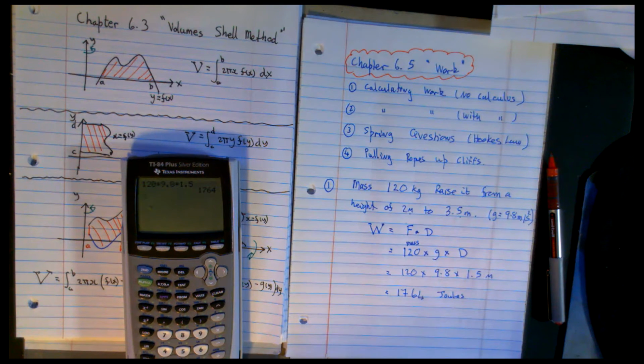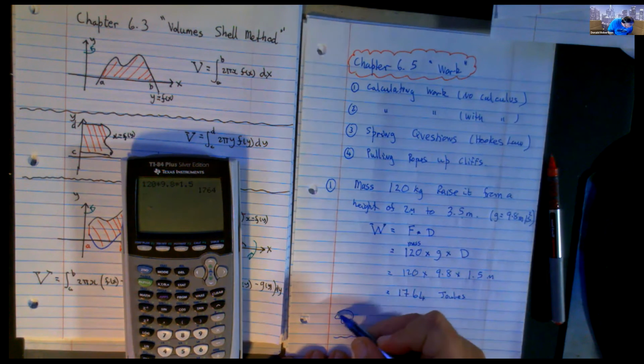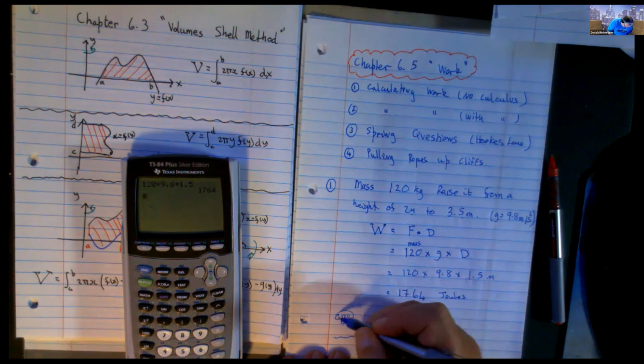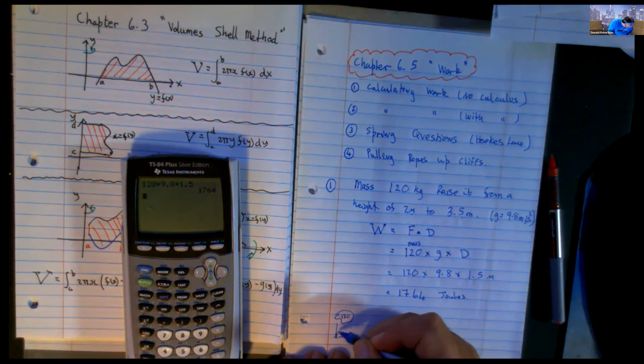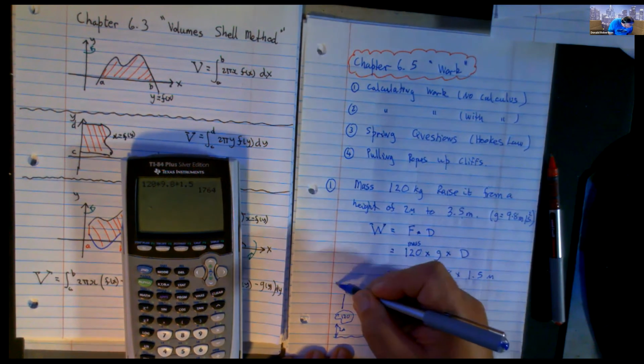So is what we're calculating joules, is that the potential energy it has? That is how much work was done in moving this rock. So imagine the ground and you've got this rock and it's 120 kilograms. And right now it was 2 meters off the ground, but I moved it up to here.